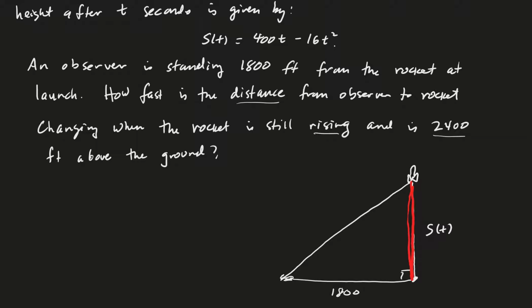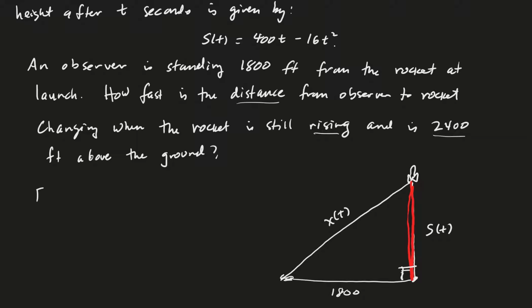And then, let's go ahead and call our distance x of t, I guess? Okay, and now you see that we have a right triangle. And do we have all the information we need? Maybe.